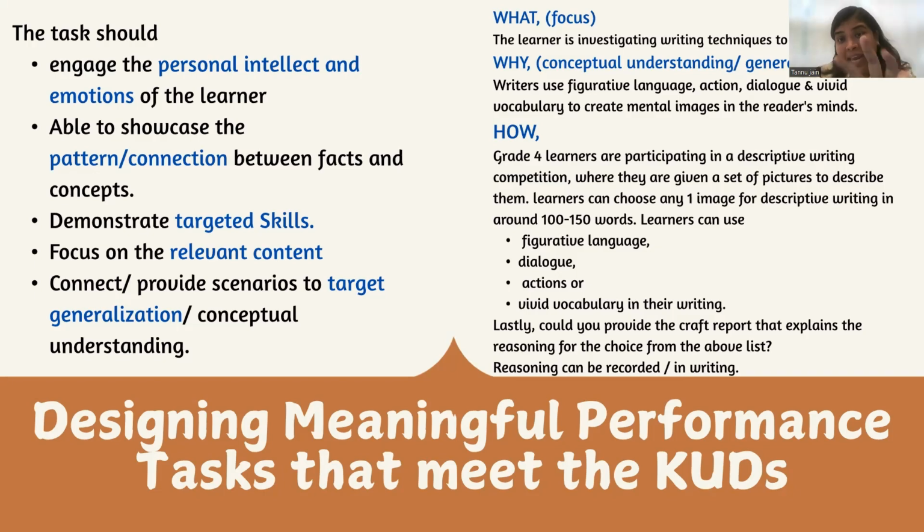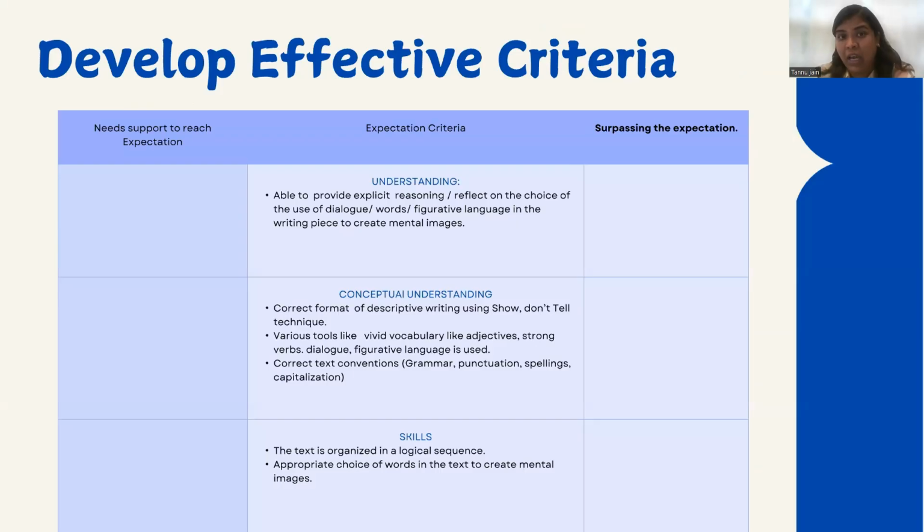And then, based on this particular task, I create an effective criteria. So whenever I'm creating an effective criteria, I always have the understanding. Sorry, the second part has come as conceptual understanding. It should be content. That is the knowledge. It's a typing error here. And the last part is the skill. So what is the understanding I'm having? That again comes from my generalization.